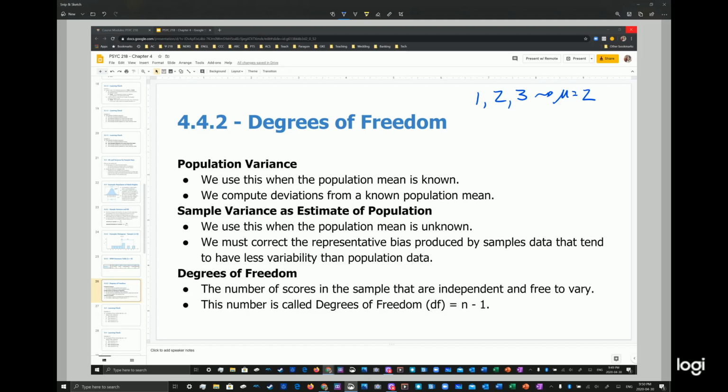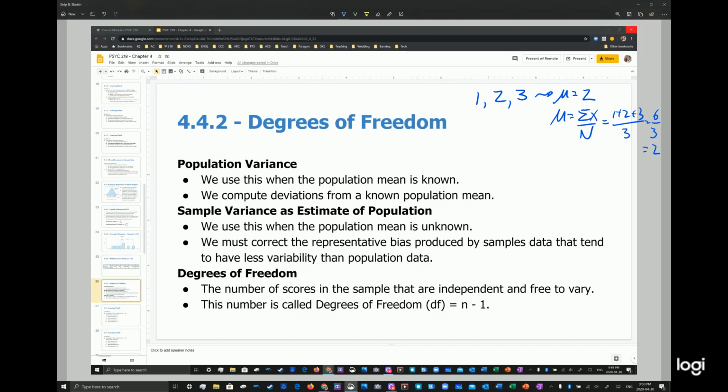And so with this, once you know how you calculate the mean, in this case it's sigma x over n. Once you've added all the scores and divided it by the number, so 1 plus 2 plus 3, and then you go, okay, n, this is 3, so it's 6 over 3, which is 2.